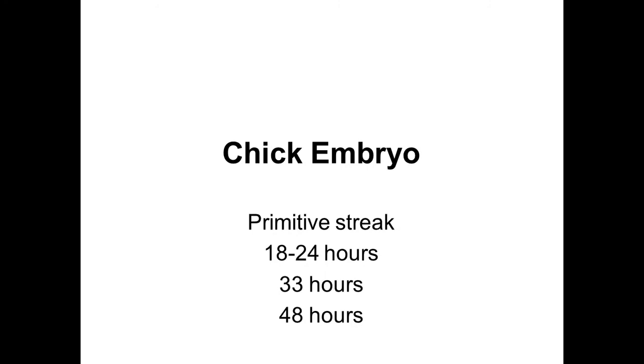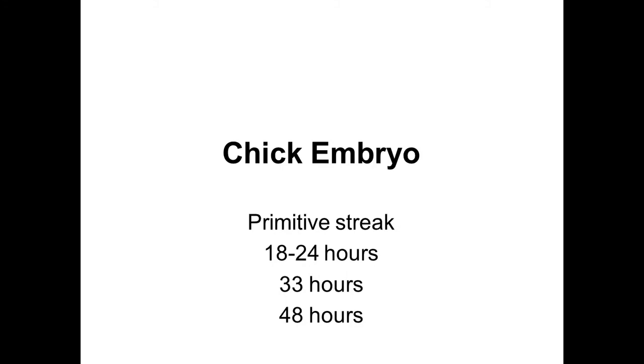Now, it's also important to take note of the establishment of the animal axes before we look into structures that can be appreciated in the 24-hour, 33, 48, 72, and 96-hour whole mounts.